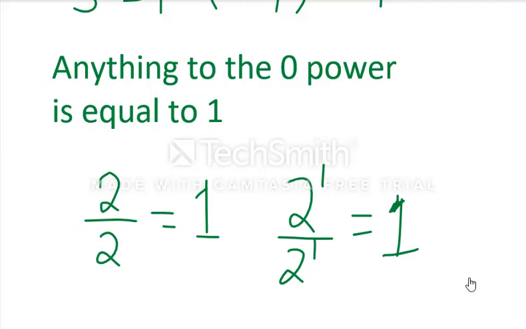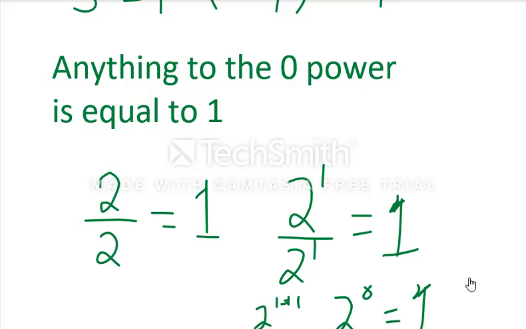Now, if we're dividing with like bases, we can subtract the exponents, 1 minus 1, so that would be 2 to the 1 minus 1 power, and 1 minus 1 is 0, so 2 to the 0 power, and since it still is equal to 1, 2 to the 0 power is 1.